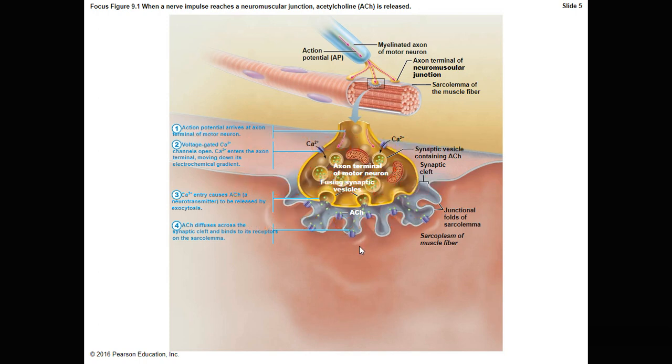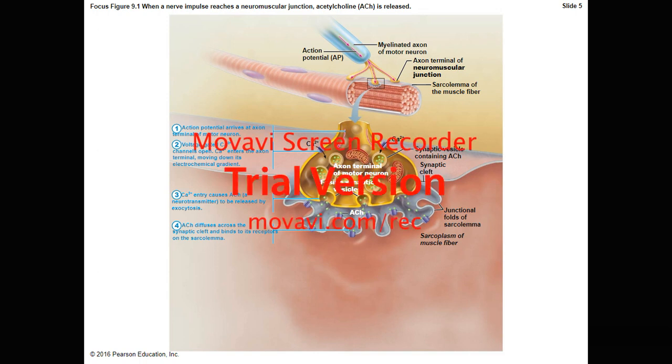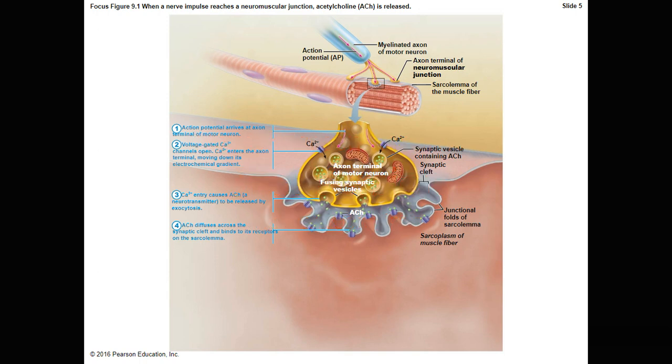And remember, in a normal resting membrane, the inside of the cell is around negative 90 millivolts, and the outside of the cell is positive. And you also have an accumulation of sodium outside the cell because of the sodium potassium pump that pumps 3 sodium out and 2 potassium inside the cell.